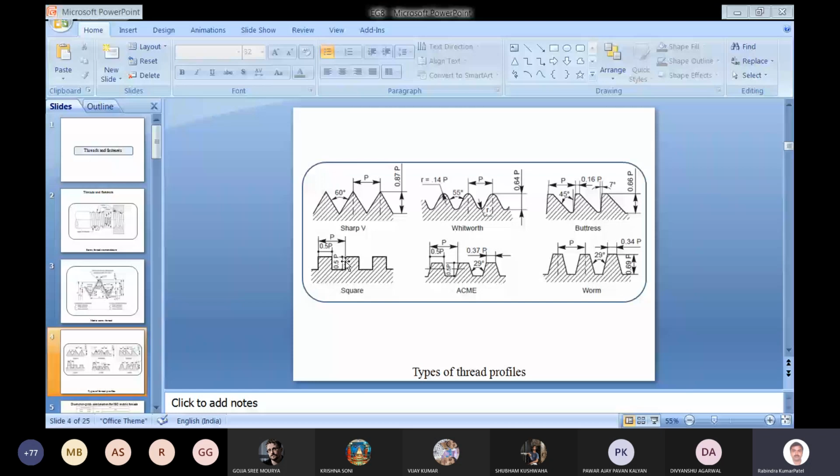And there is the ACME thread, which is used in place of the square thread, and it has better strength than the square thread, because the thickness of the root is more in the ACME thread, and the angle between the two flanks is 29 degrees. And the worm thread is another kind of thread similar to the ACME thread, but the depth is different in this case. Root depth, thread depth is different.